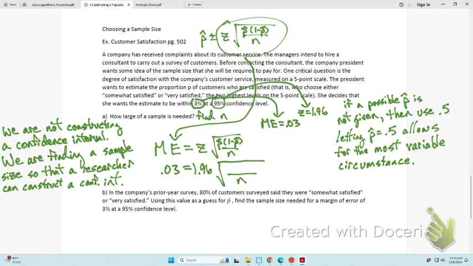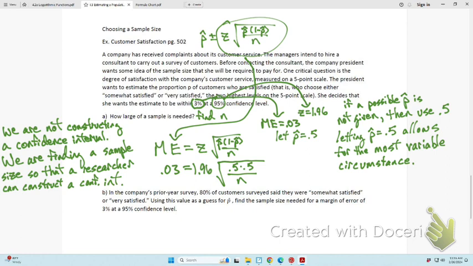So if I let p hat equal 0.5, then I'll be guaranteed to meet his requirement. I'll be within 0.03. And we'll prove it on part B.